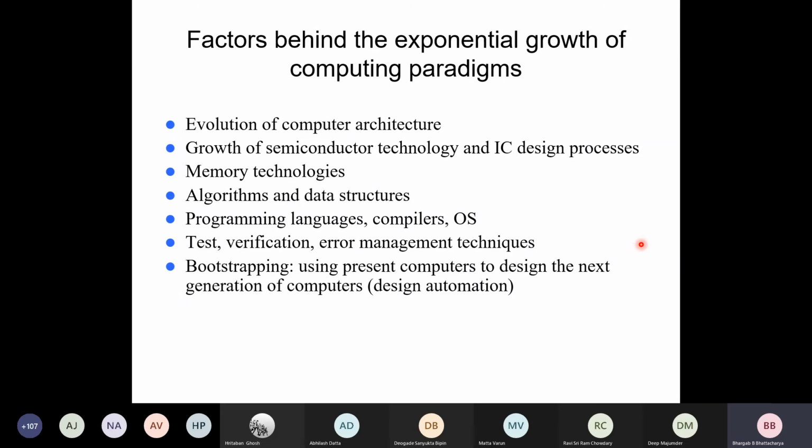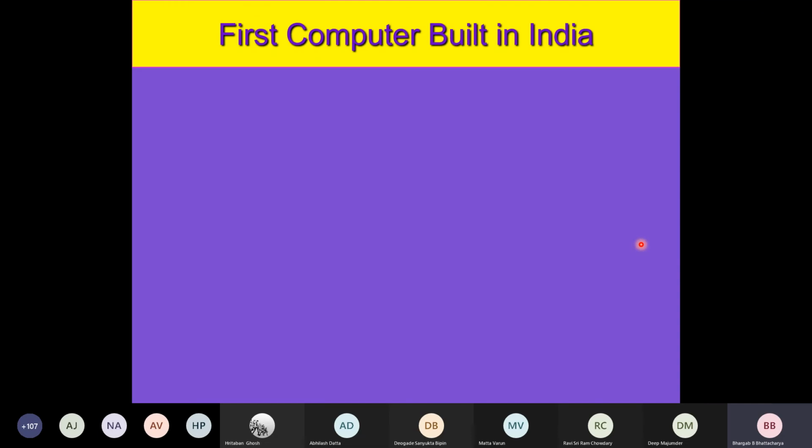Design automation using bootstrapping. And parallel and distributed computing, obviously network, cloud, and Internet of Things, and so on. So these are the factors which are responsible for the exponential growth of this computing paradigm, which you are now experiencing nowadays. All right.